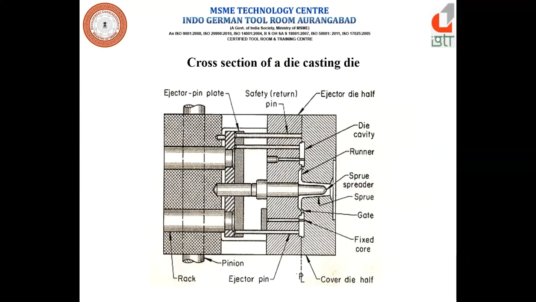The fixed half or cavity half is secured to the stationary platen or fixed platen of the casting machine. The sprue that allows the metal to enter into the die is on the fixed half, and this is aligned with the nozzle or injection chamber of the casting machine.